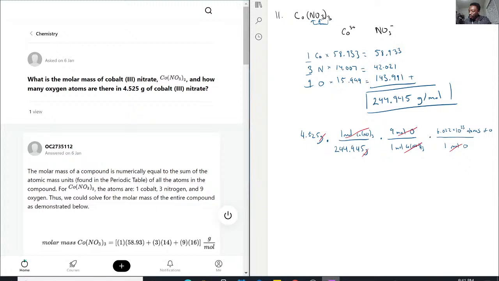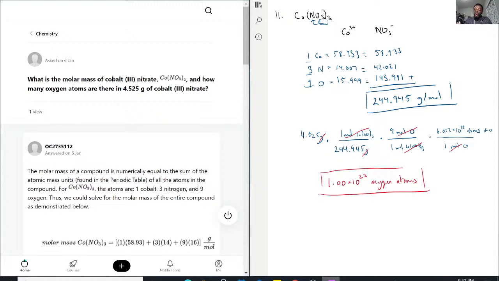So we have 4.525 divided by that molar mass times 9 times 6.022 times 10 to the 23rd. We get, there should be 1.00 times 10 to the 23rd oxygen atoms, based on what the calculator is saying.